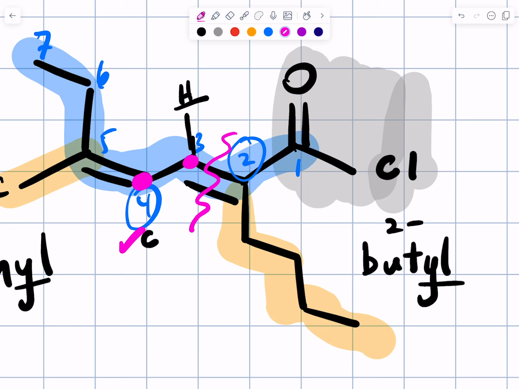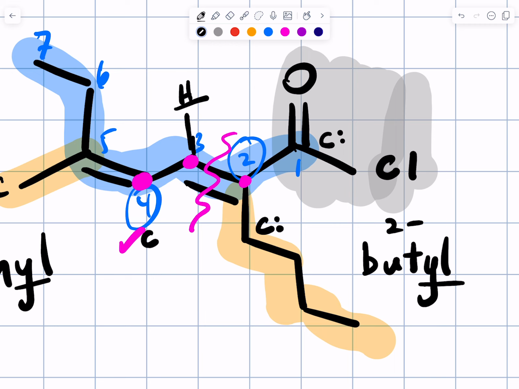Now if we go to carbon 2, the next two groups attached to carbon 2 are a carbon and a carbon. That is a tie. So before we can decide who's the highest priority group, the tiebreaker is to write down all the things that are attached to that carbon.